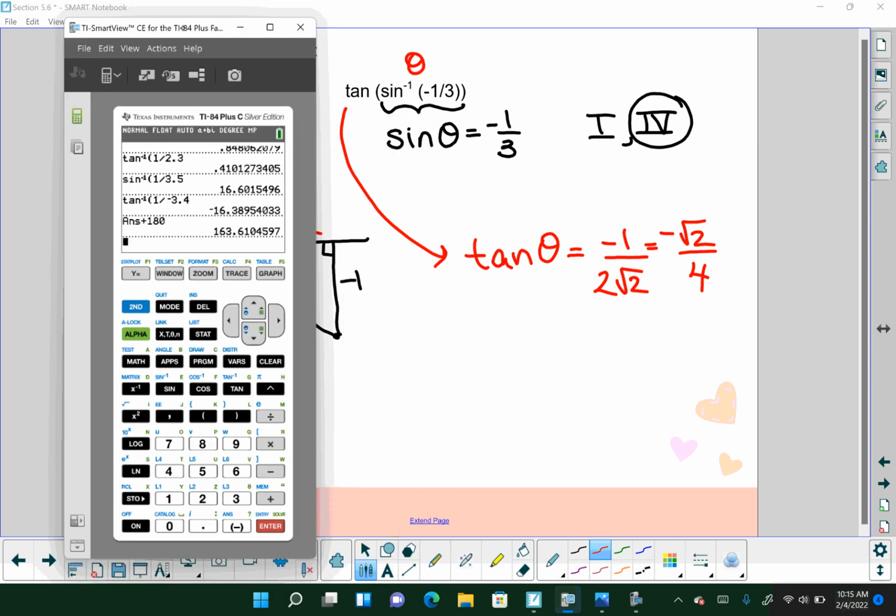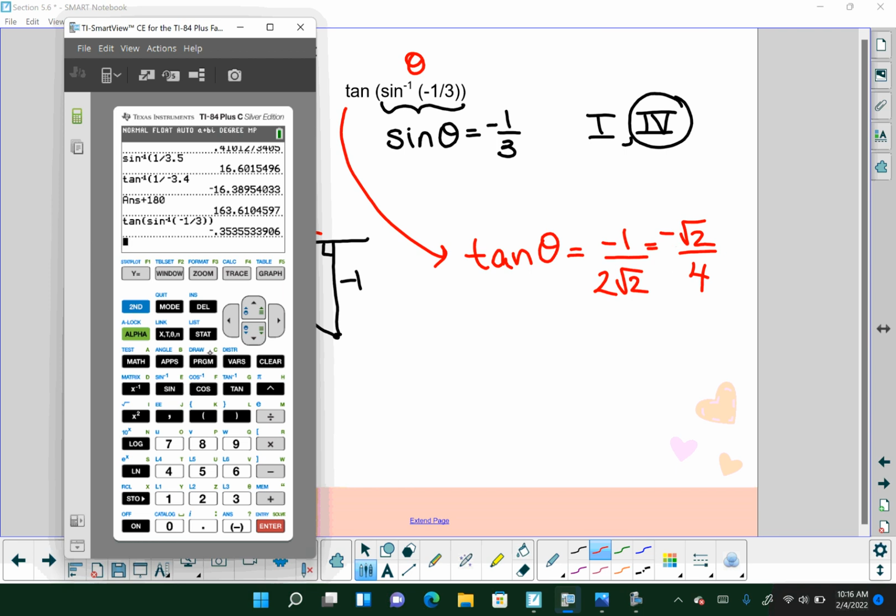To check with your calculator, the calculator is not going to give you an exact answer, but you can check the decimal if you want. Type in tangent, inverse sine, negative 1/3, and we get this decimal. Let's make sure that our radical matches that decimal.